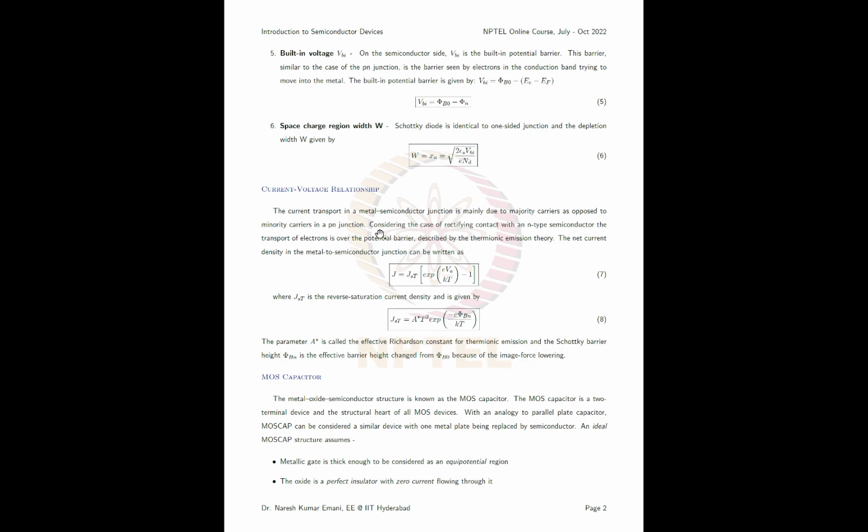So you can write it as J equals Js times (exponential of eVa by kT minus 1), which is similar to your diode equation for a PN junction. The difference is in the reverse saturation current Js, which is A star T squared exponential of minus q phi Bn by kT, where A star is the effective Richardson constant and phi Bn is the Schottky barrier height.